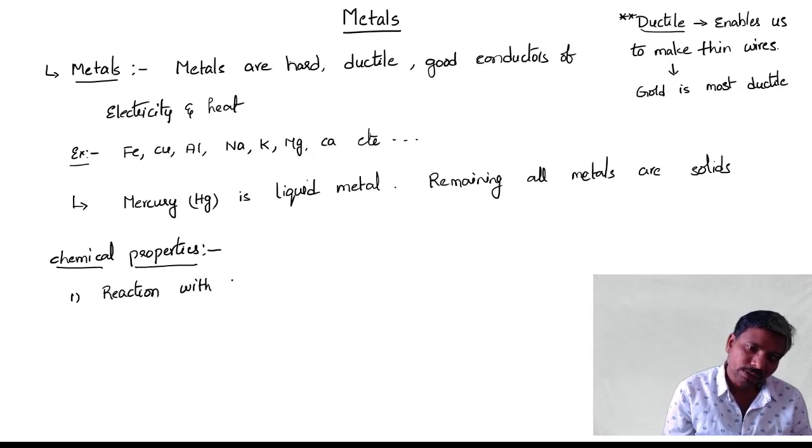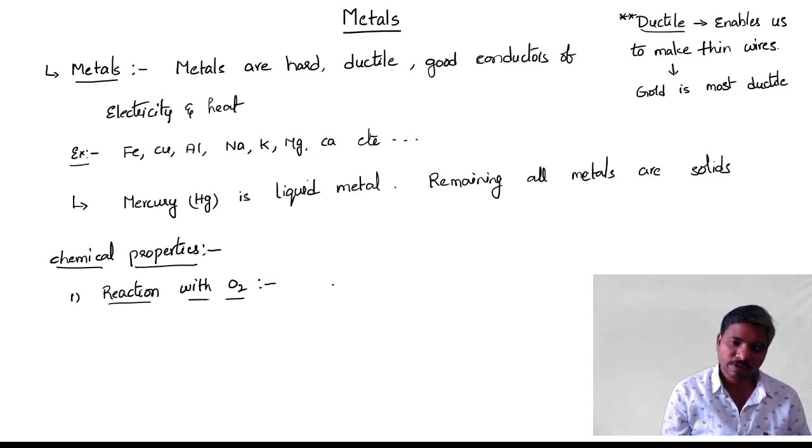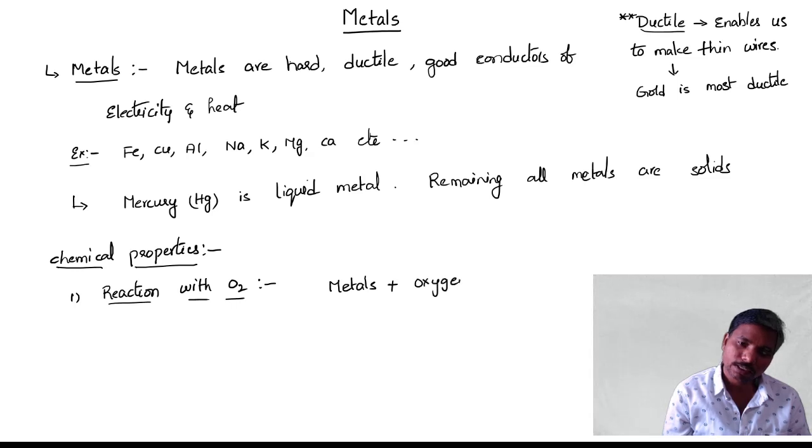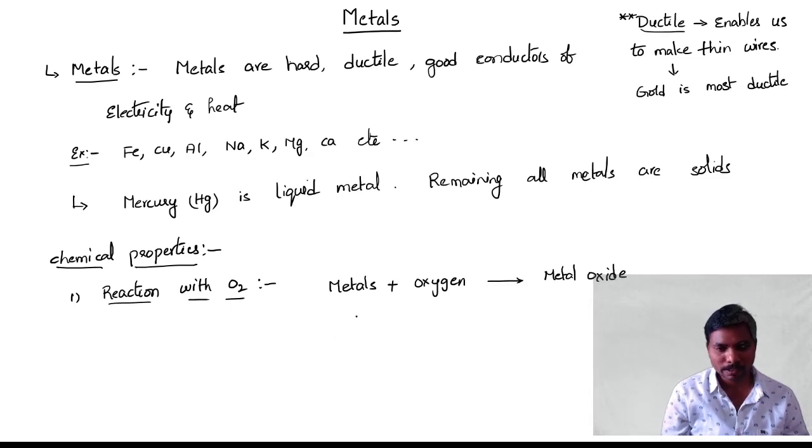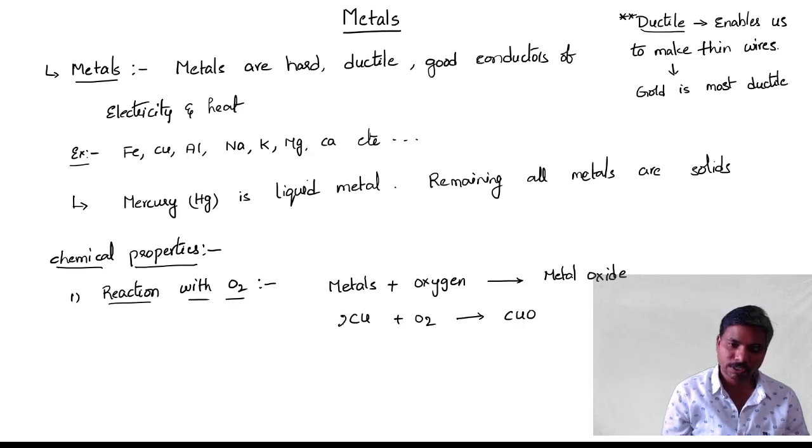Reaction with oxygen. Okay. So whenever the metals react with oxygen, they form metal oxides. For example, I am taking one metal, copper, reacts with oxygen, it will become copper oxide. So to balance the equation, I am going to take 2 here, now 2 here.